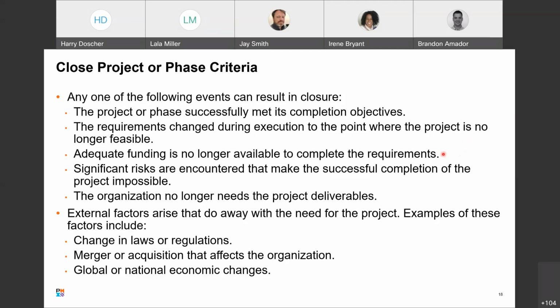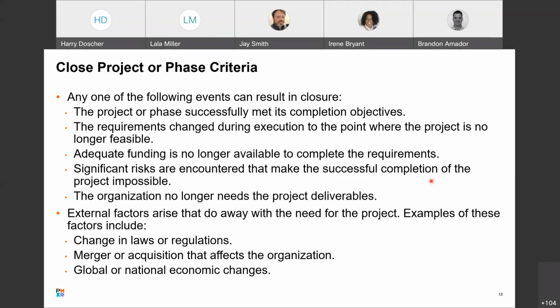We never see this at AT&T, where adequate funding is no longer available to complete the project requirements. Know this one too. It may be on the test.